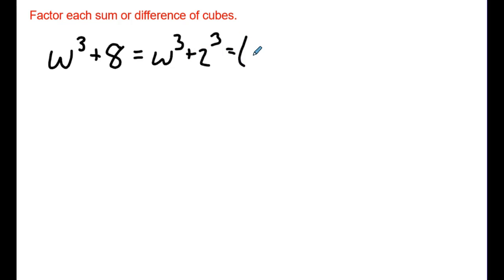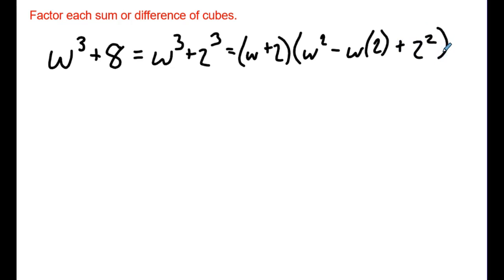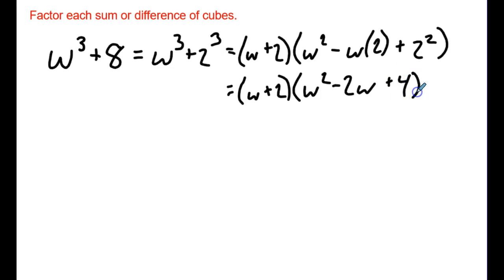In our parentheses, we have w plus 2 times, in parentheses over here, w squared minus w times 2 plus 2 squared. Only thing we need to do now is simplify a little bit. W plus 2 times the quantity w squared minus 2w plus 4. So first we have to rewrite 8 to see what both of our cubes are, and then just follow the pattern.